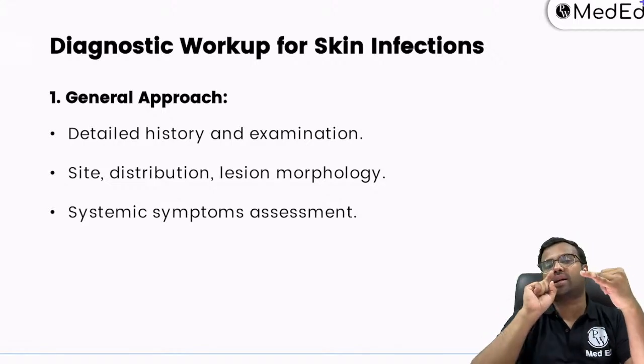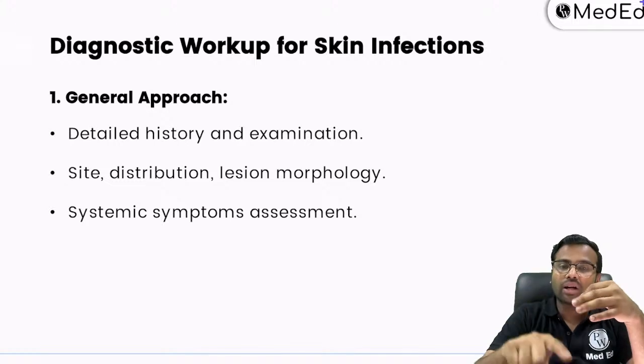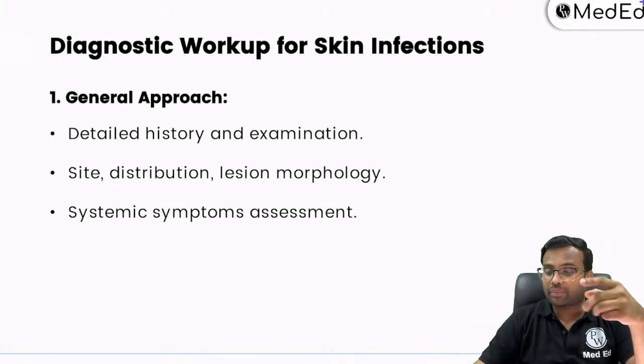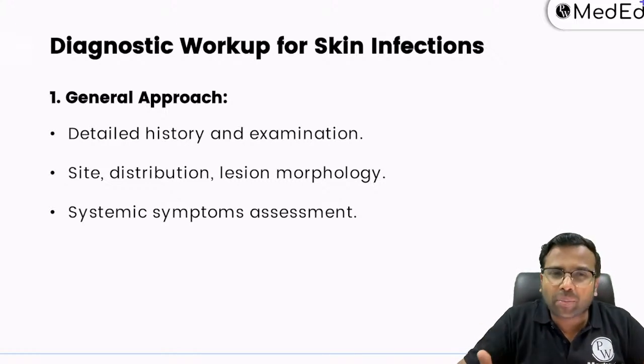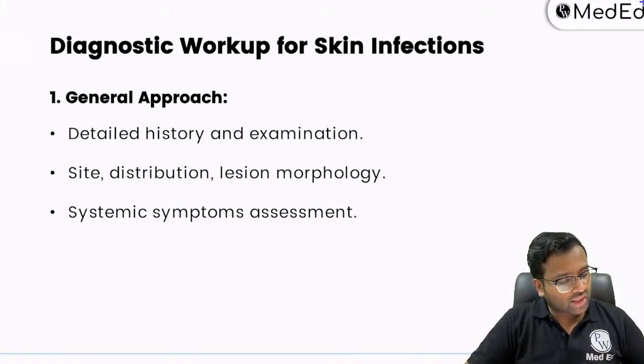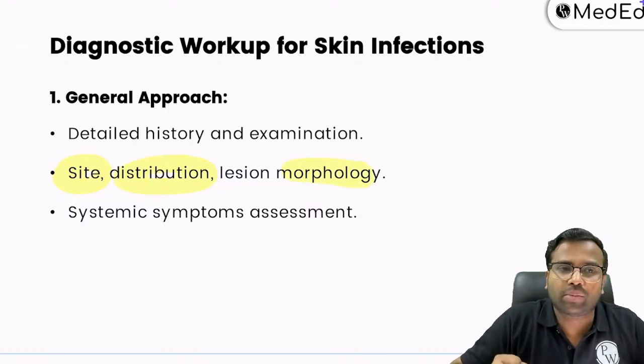Try to understand the onset, how the lesion started, and how the lesions present as of now. You also have to look very closely at where the lesions are. So what is the site, what is the distribution, what is the morphology, all these things are important.